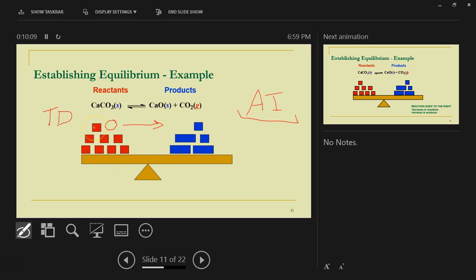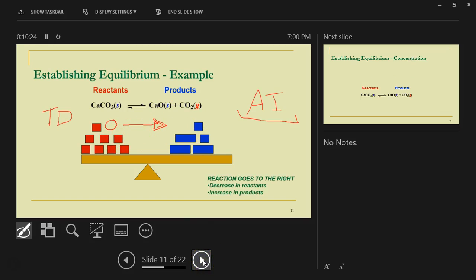Here we increase the reactants, so the reaction shifts away from the increase. So if the arrow we're shifting away is pointed to the right, we would say this reaction shifts to the right. And we would say in favor of the, and what goes on the right? Products. So we would say this reaction shifts to the right in favor of the products. It would be a decrease in reactants and an increase in products. And that's what it has to do to reestablish equilibrium.